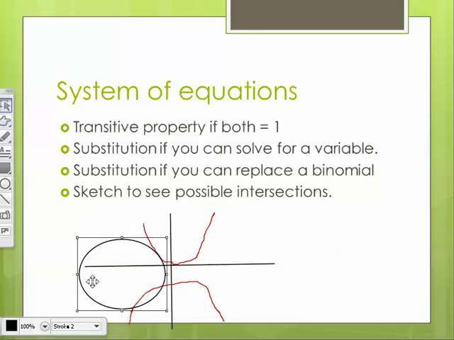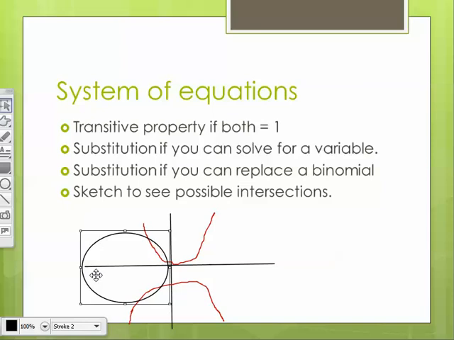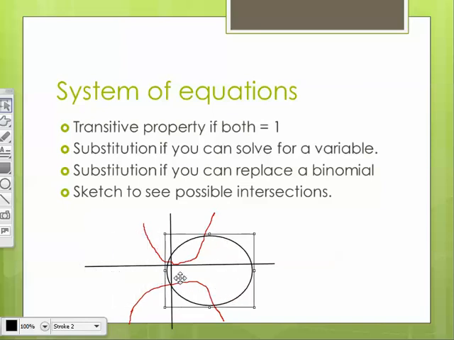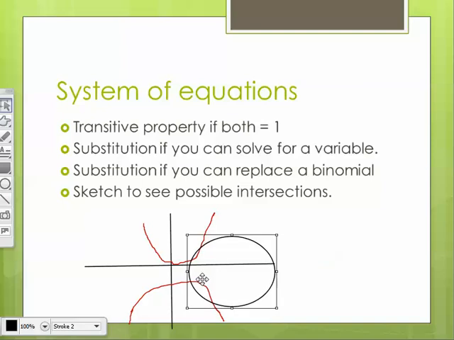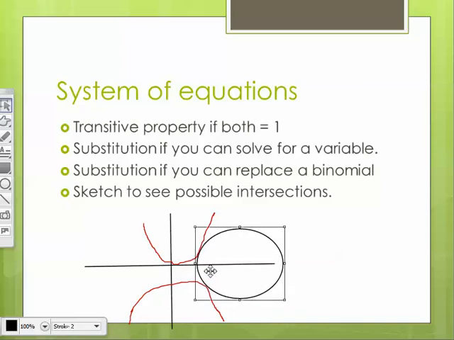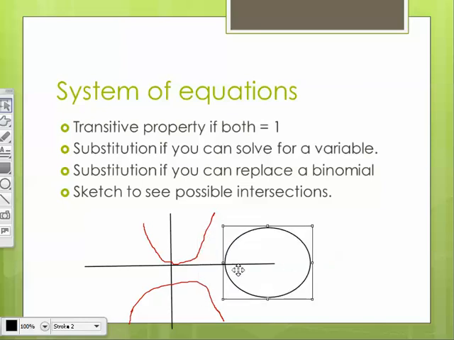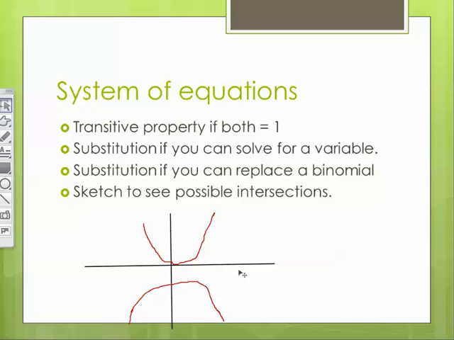Could touch 3, sure. Could touch more than 4? I don't see how it could touch more than 4. So you're kind of getting the feel for what we're going to be looking at with a system of equations.